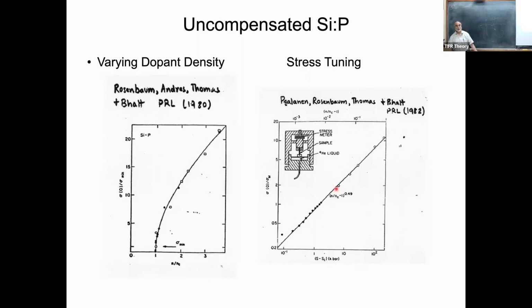But the proportionality constant was adjusted so that it is one continuous curve, which is what we'd expect. And when you look at the whole thing, you again find that it seems to go as the square root of the distance from the metal insulator transition. 0.49 was the best fit. Here, I think the best fit was 0.55 or something like that. So give or take 10%, it's about 0.5.